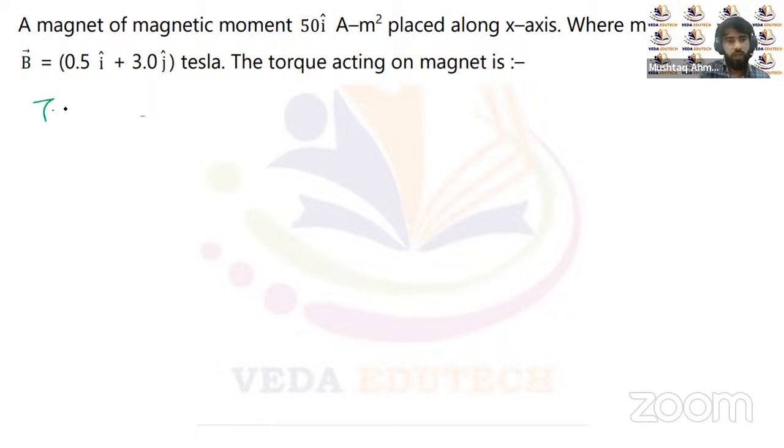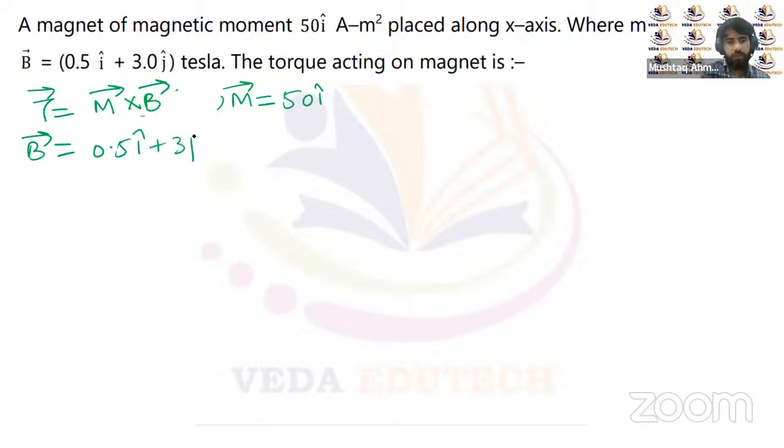The torque on any magnetic material is given by the magnetic moment cross producted with the magnetic field. So torque is given as M cross B, where B is the external magnetic field and M is the magnetic moment of the given object. Here the magnetic moment vector has been given as 50 i cap, and the magnetic field vector is 0.5 i cap plus 3 j cap.